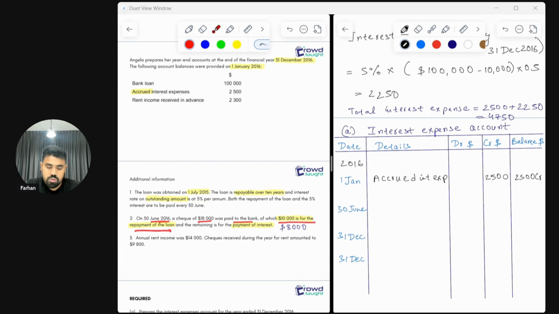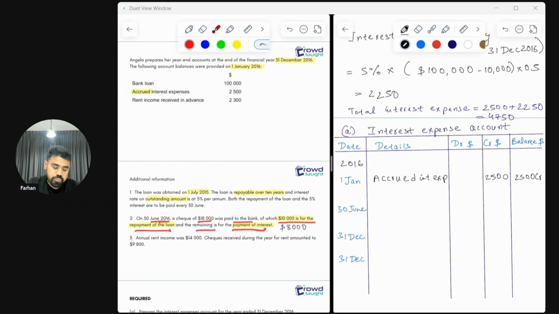And which also makes complete sense based on what they have told us. And the remaining is for the payment of interest. So if $18,000 is the total amount we have used, and out of that $10,000 went towards the repayment of the loan, the remaining should be $8,000, which is paid for interest expenses.